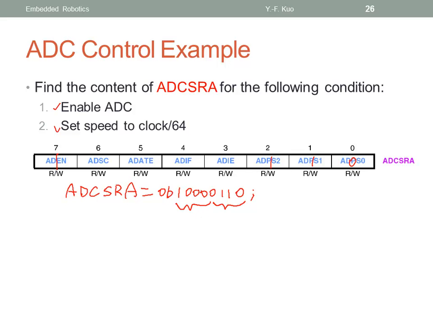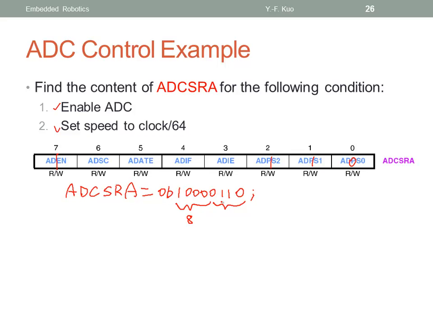Okay, so what is this in hex? Let's count the decimal number first. The decimal number will be 8, right? 1 is 2 to the 3, so it's 8. And the decimal number of this binary number is what?